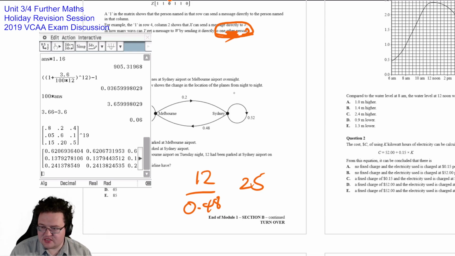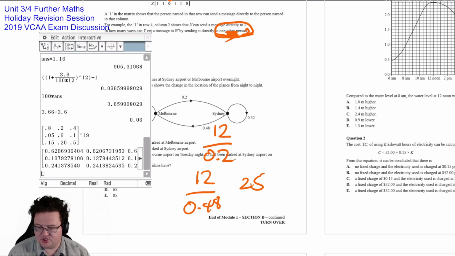As the numbers stay the same at each location, they must also send 12 planes from Melbourne to Sydney. So what is 12 divided by 0.2?